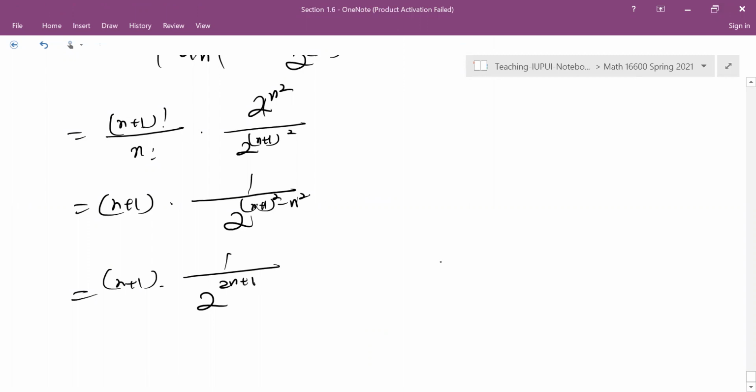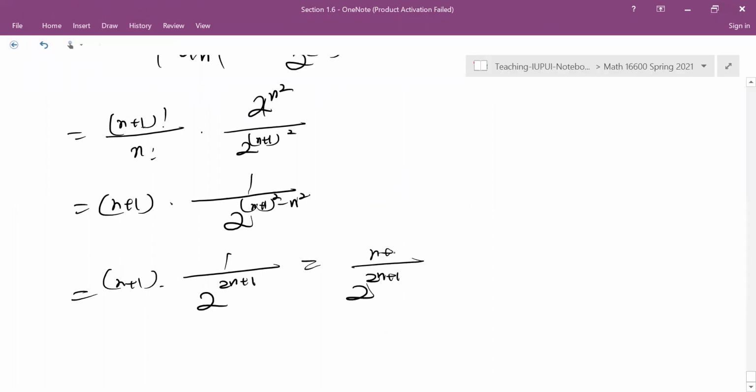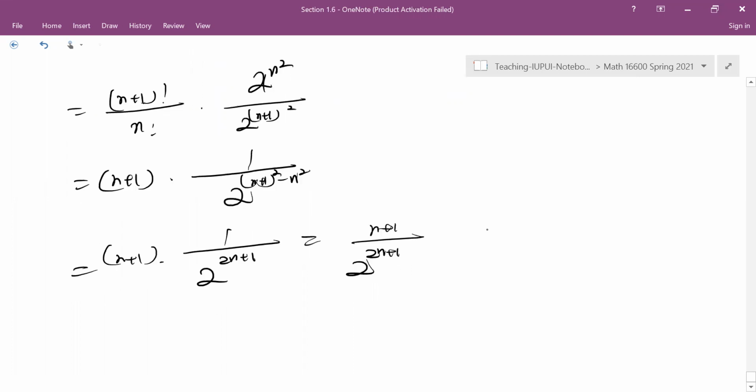I think this is going to approach 0, because the numerator is just n+1, while the denominator is 2 to the 2n+1, an exponential function. So clearly this approaches 0.